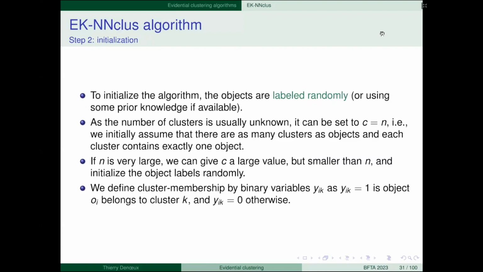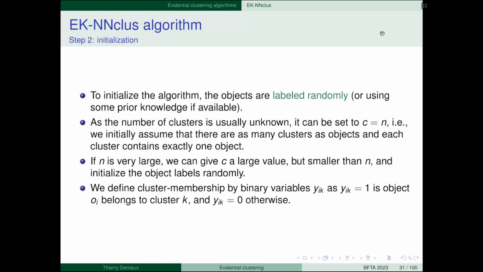So you can just initially say that each object is in its own cluster. Initially, there are as many clusters as objects. But of course, if n is very large, we can give C a large value. For example, if you have 10,000 objects, you can start with 1,000 clusters and randomly assign the clusters.